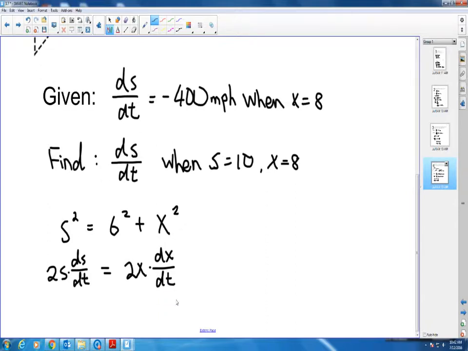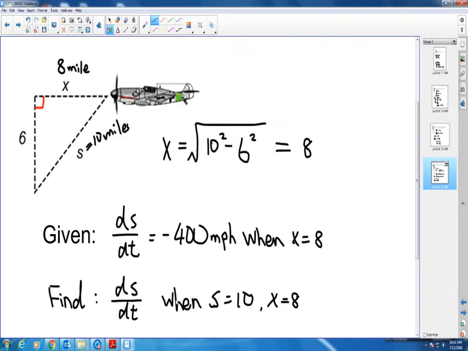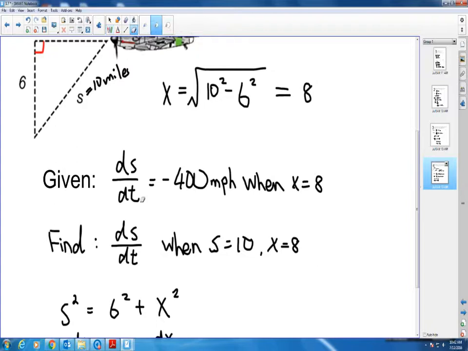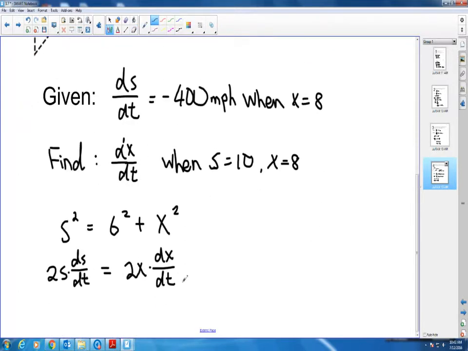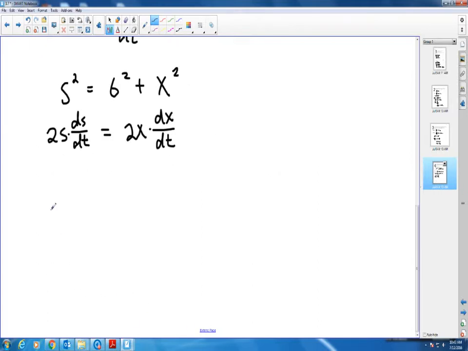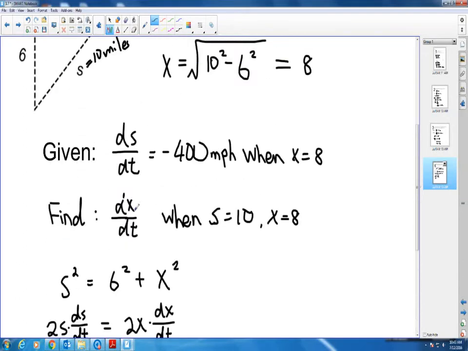So what I need to find, sorry, this is not s, s is this way. I was pointing out here and wrote s. What I need to find is dx dt. So I need to find dx dt, so I divide both sides by 2x. So my speed, if you think about it, speed is actually what?